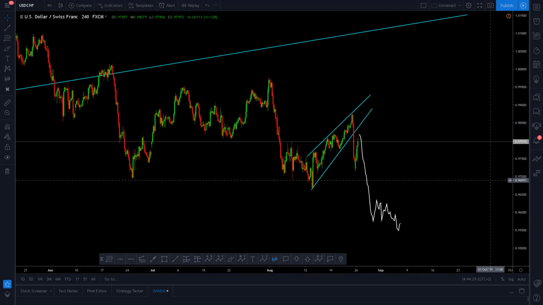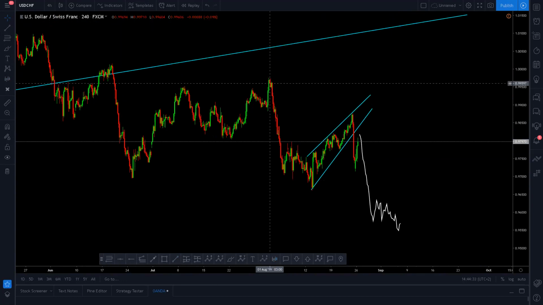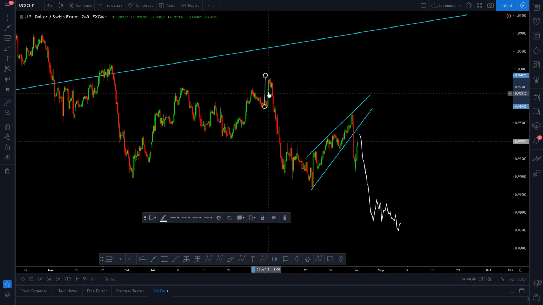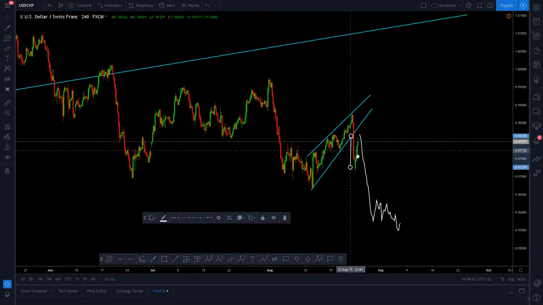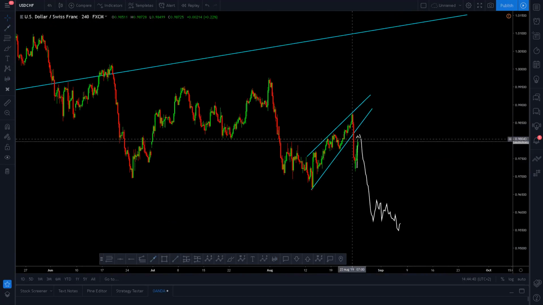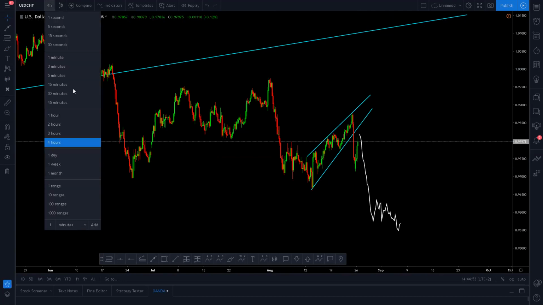You can see what we got before this sharp move. We had these strong bullish candlesticks, these two candlesticks on the 4 hour, and it looks similar to what we have right now. So we can go to the 1 hour.